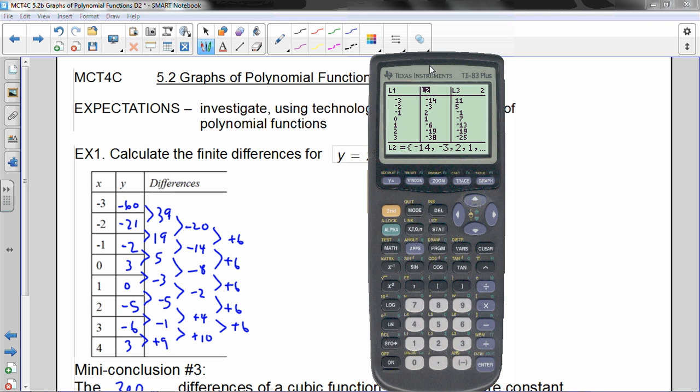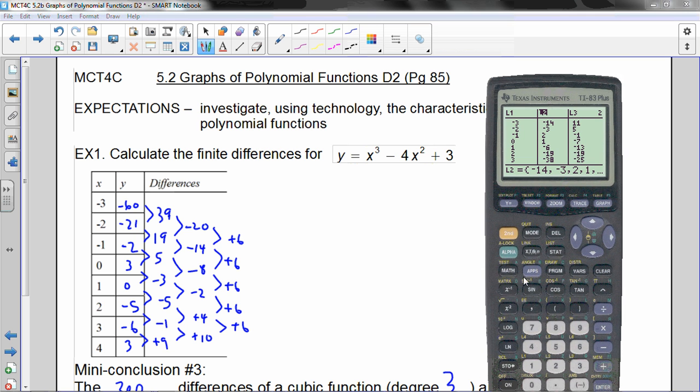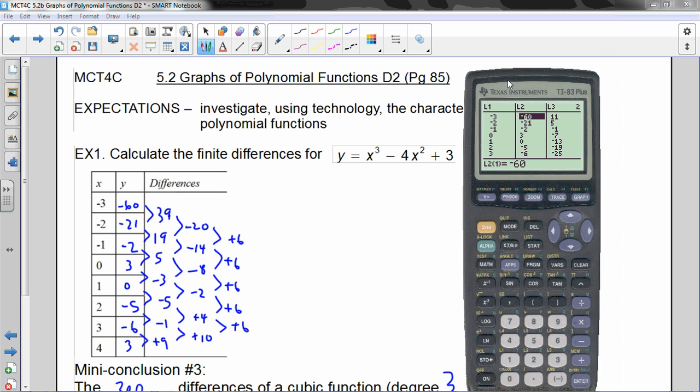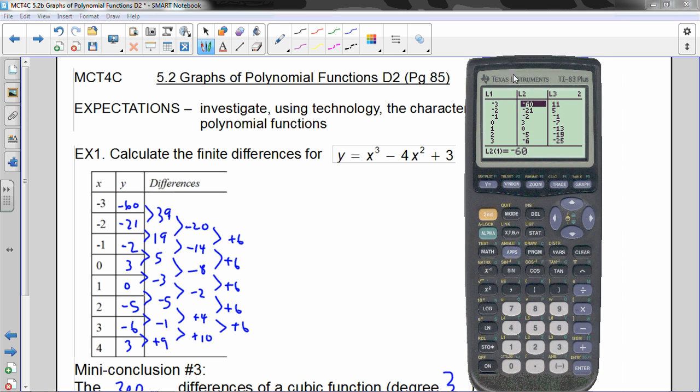I want it to be this other function, which is list 1 cubed, so to the exponent 3, minus 4 times list 1 squared, plus 3, press enter, and that's all my y values, all in one shot. I don't have to use my scientific calculator. Of course, you're welcome to if you have lots of time to do these sorts of things.